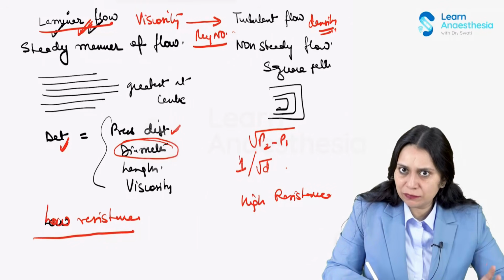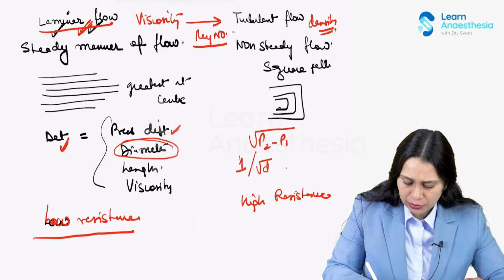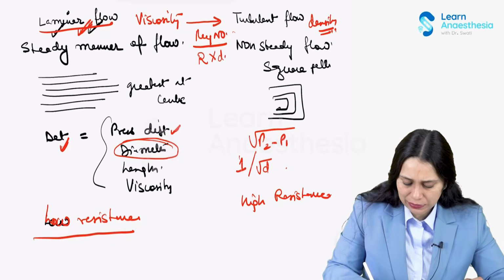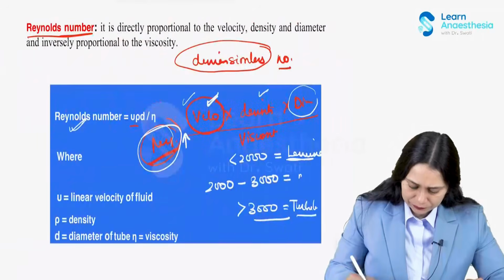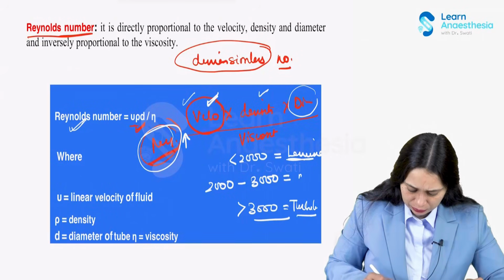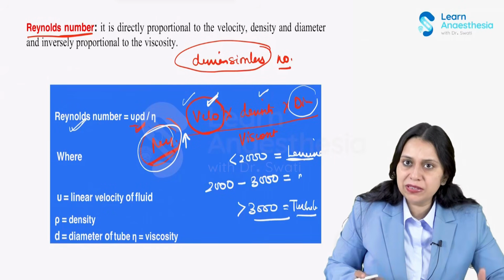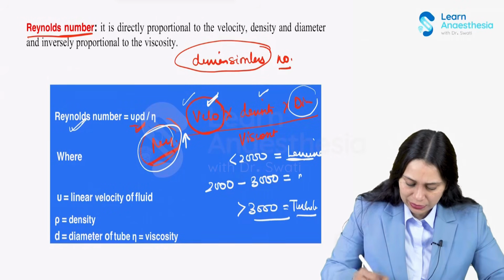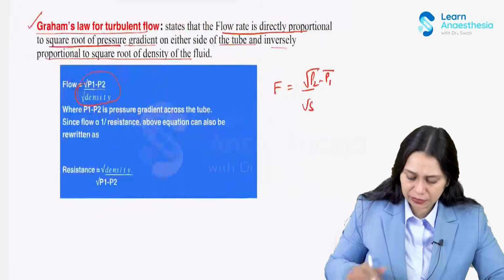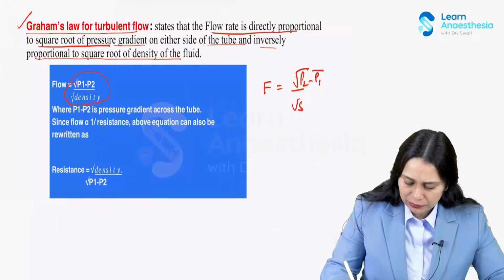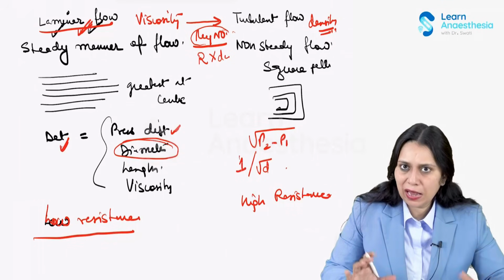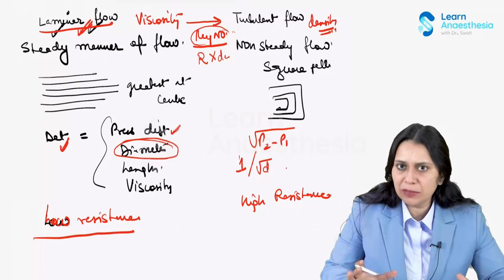It is the product of the diameter or radius of the tube, multiplied by the density, multiplied by the velocity, and inversely proportional to the viscosity. So it is directly proportional to the velocity of the flow, density, and the diameter, and inversely proportional to the viscosity.